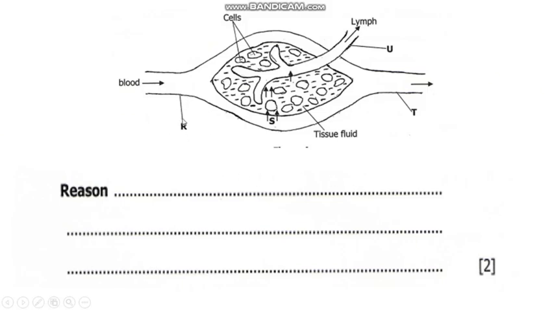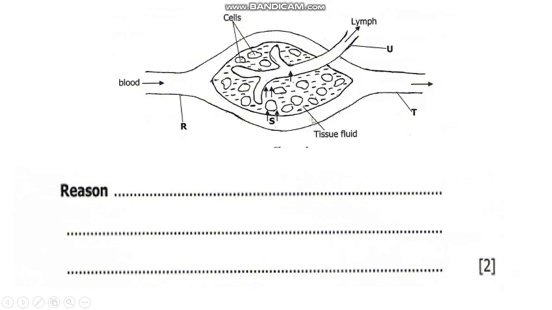Here the arterioles have got a narrow lumen, while the venules have got a wider lumen. Because the arterioles have a narrow lumen and the venules have a larger or wider lumen, it creates a high pressure in the capillaries, which allows the nutrients to filter out as the tissue fluid, as you can see right here.